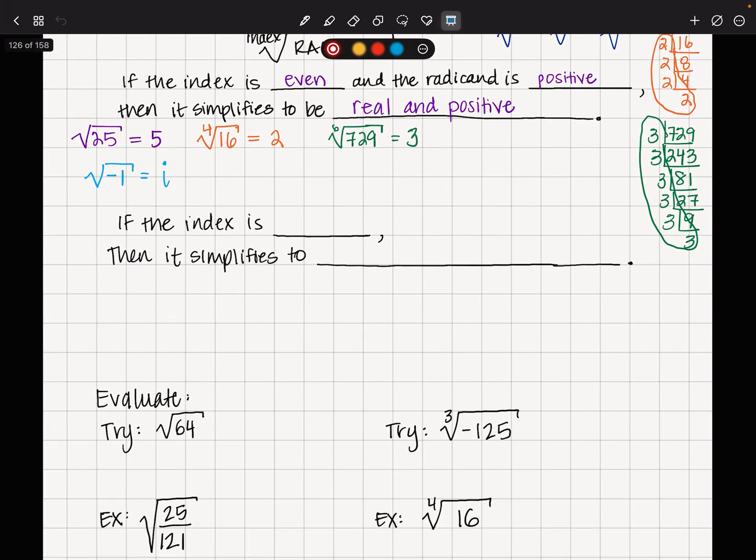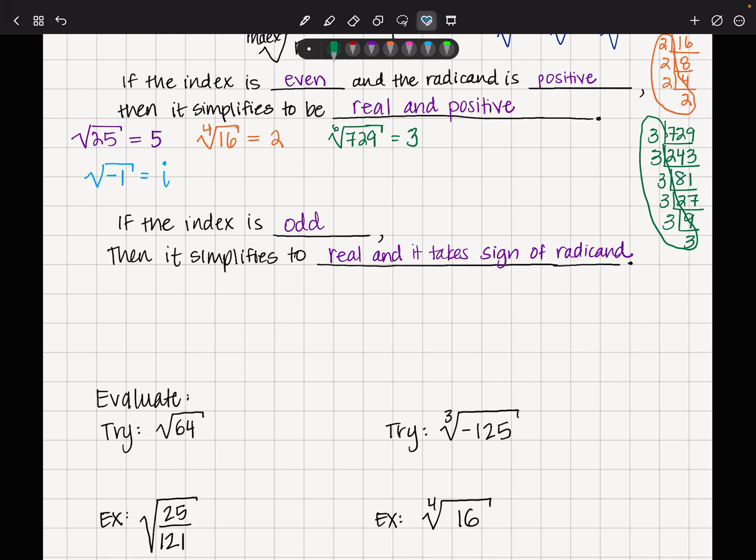Okay. Now let's talk about when the index is odd. A cubed root, a fifth root, a seventh root. If the index is odd, then it simplifies to be real and it takes the sign of the radicand. So if the radicand is positive, your simplified answer is positive. If the radicand is negative, your simplified answer is negative.